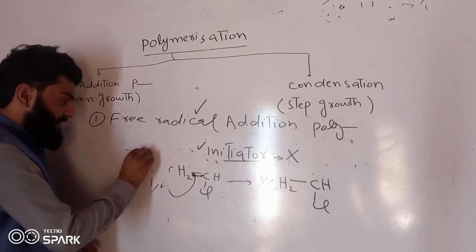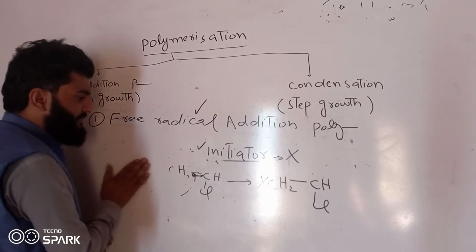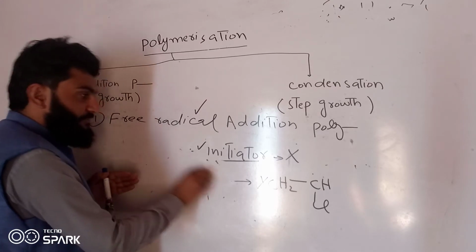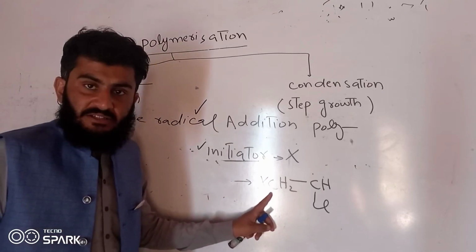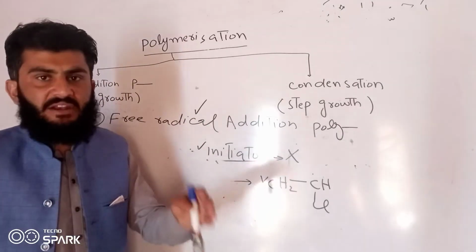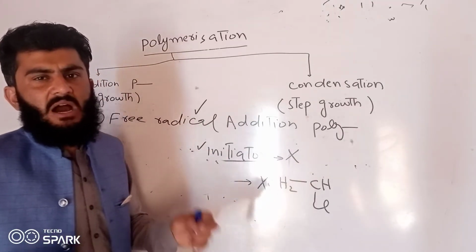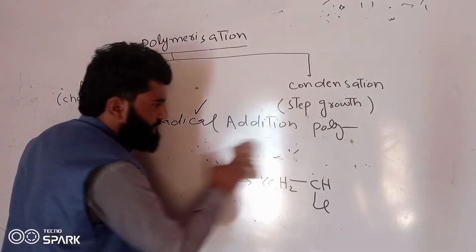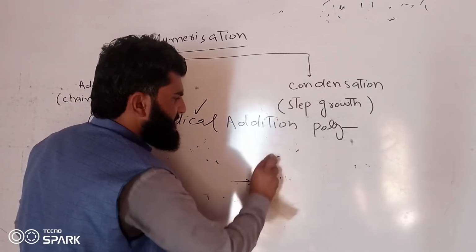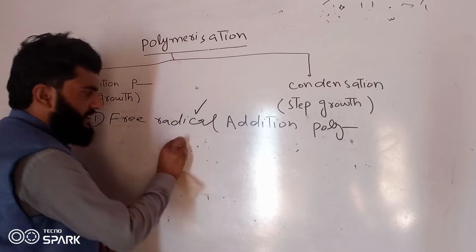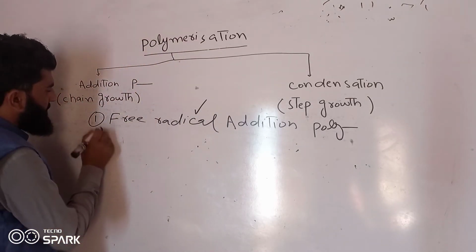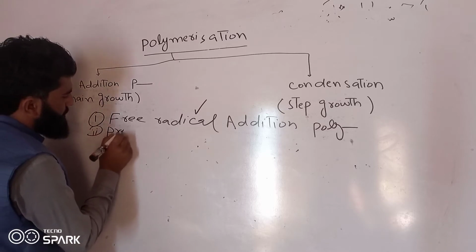Now we are going to discuss the propagation step. So what is the propagation step? The propagation step is the step where the species combine and recombine to form a long chain of polymer. This was initiation, and the second step is propagation.